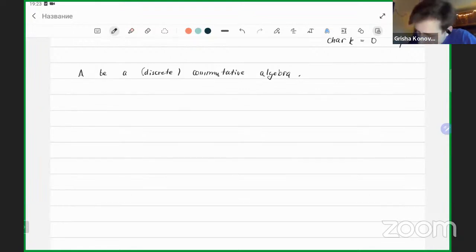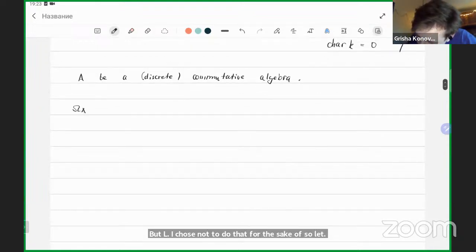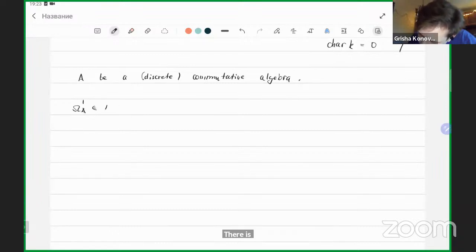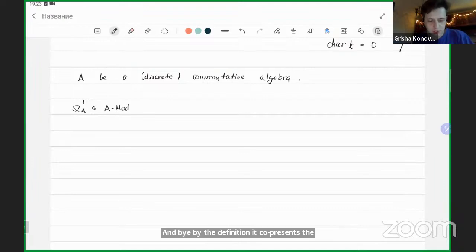There is a module of Kahler differentials, which is an A module, and by definition, it co-represents the functor of derivations with values in a module.